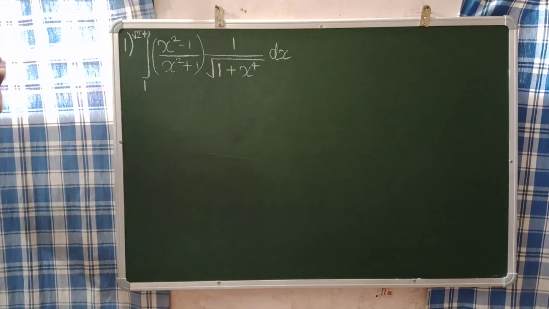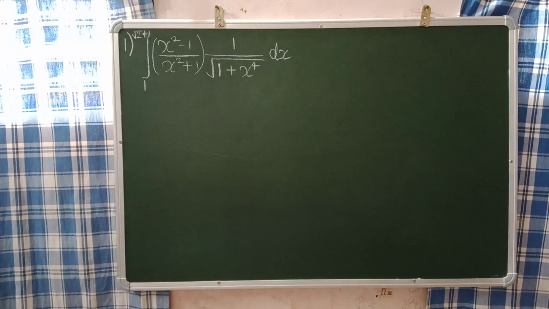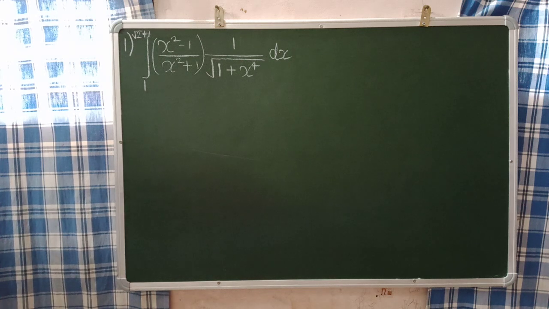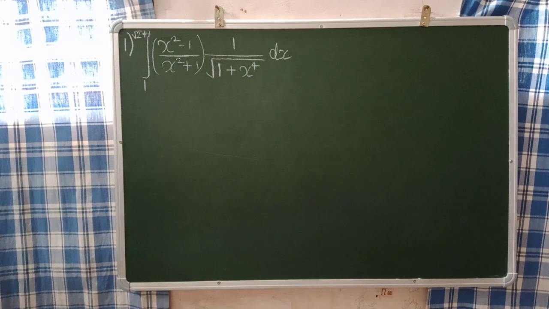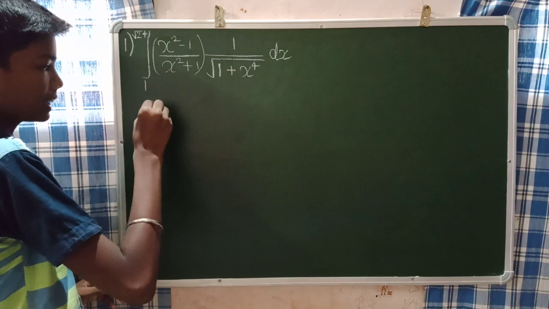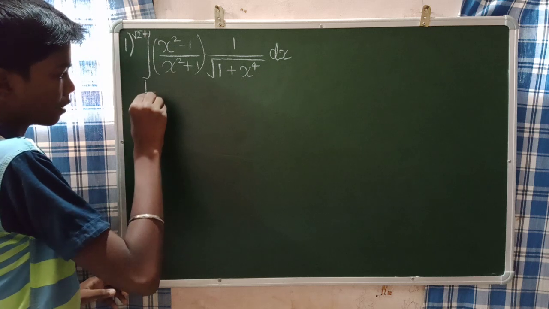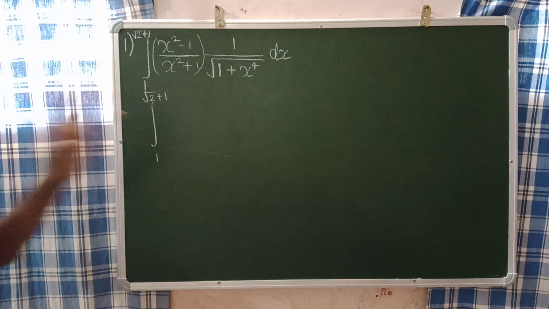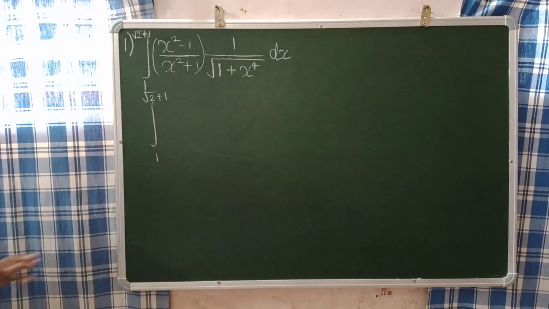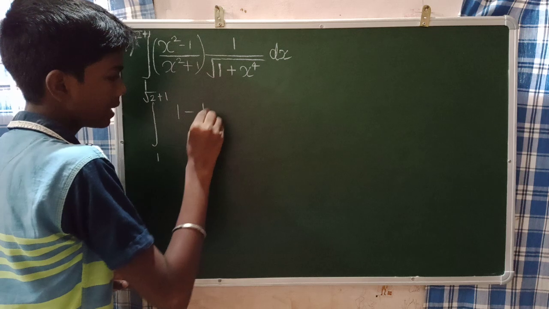First, I'm going to divide x square on both the numerator and denominator. When you divide x square on the numerator, I can write the same integral from 1 to root 2 plus 1 only, and the numerator becomes 1 minus 1 by x square.